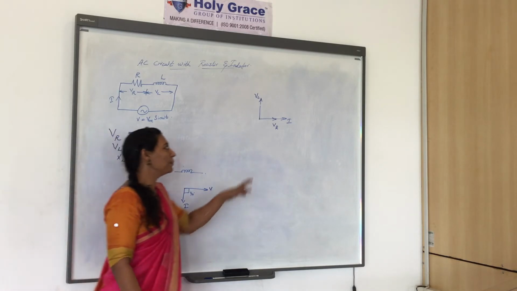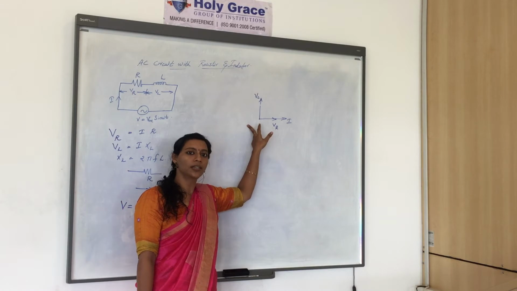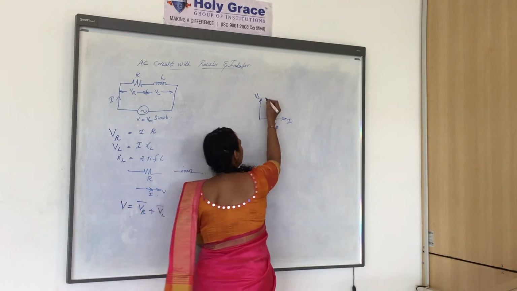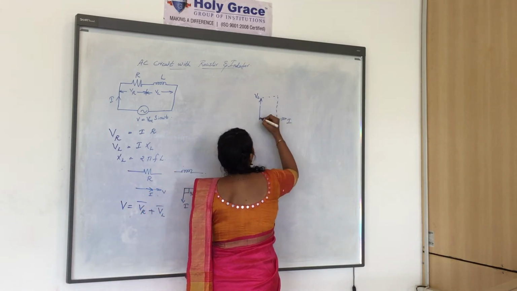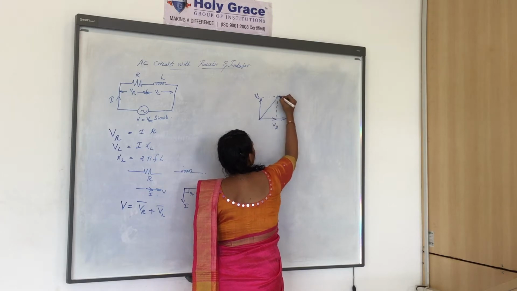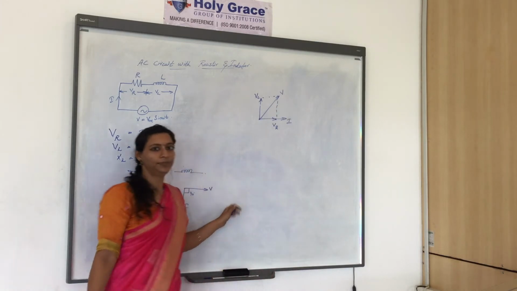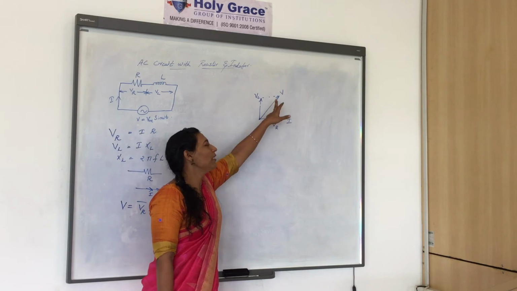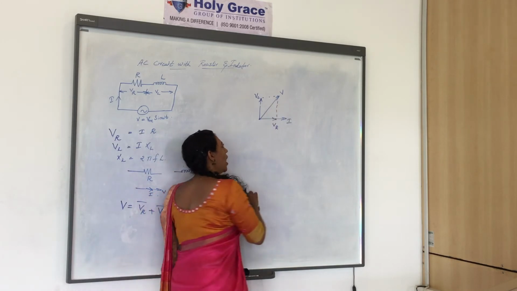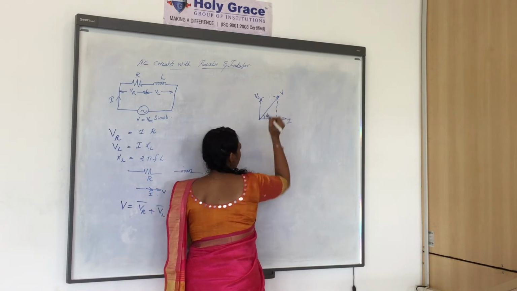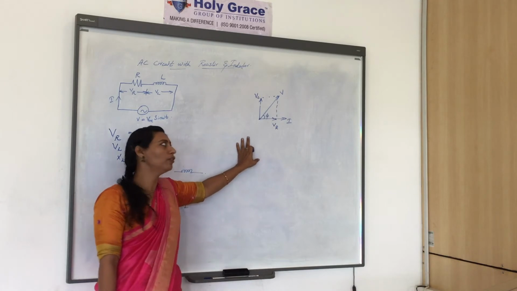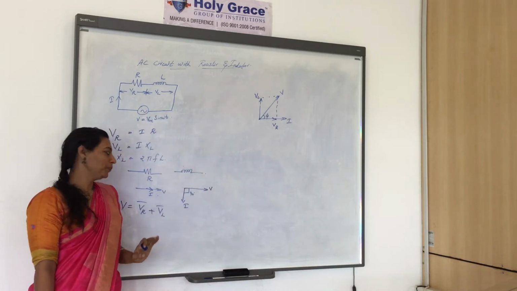The vector sum can be calculated by constructing a parallelogram, and the diagonal will be the resultant voltage. We take the angle between voltage and current as phi. This is the phasor diagram for the RL circuit.